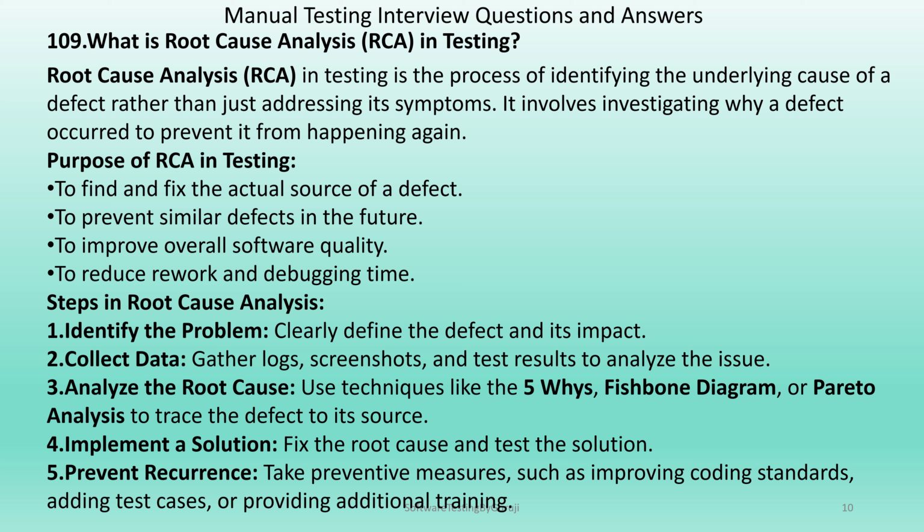Fourth, implement a solution. Fix the root cause and test the solution. Fifth, prevent recurrence. Take preventive measures such as improving coding standards, adding test cases, or providing additional training. So these are the steps we have to use. Let's move to another question.